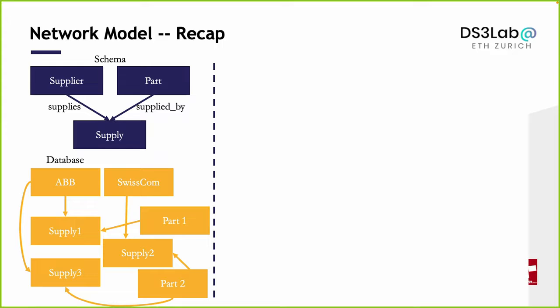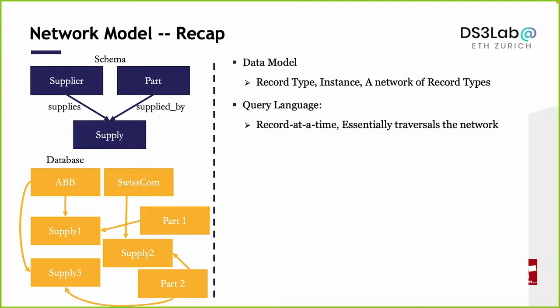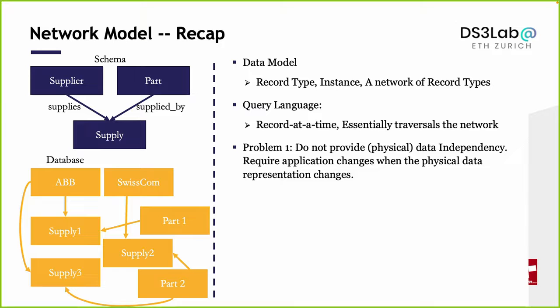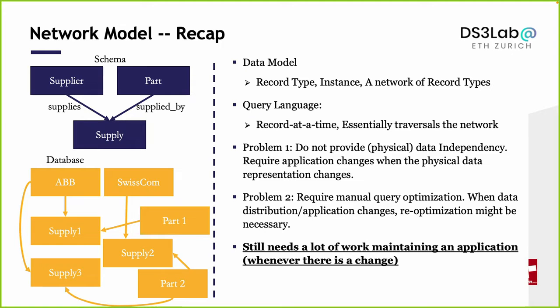Okay? So just to recap, the network model is a great improvement over the hierarchical model, but I still have a whole bunch of these problems. But again, there are applications for which none of these problems matter, and that is why you still see this type of thing being used in practice.